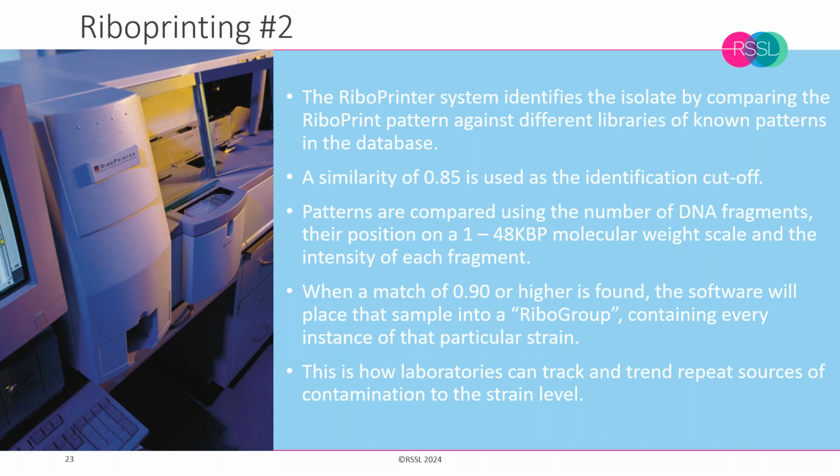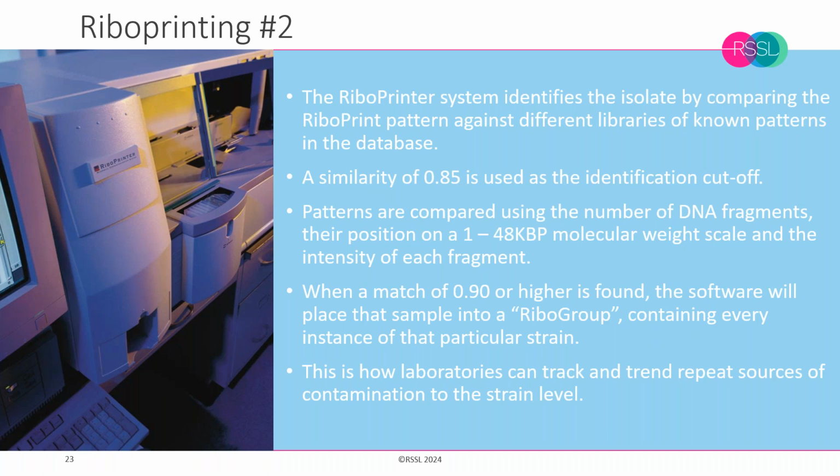So the riboprinter identifies the isolate by comparing the riboprint pattern against different libraries. And we use a measure of similarity, and we're looking in this case on a scale of 0 to 1 of a similarity of greater than 0.85 as the identification cutoff.